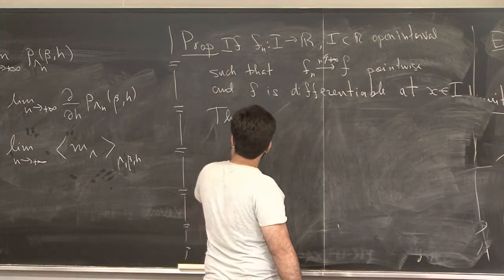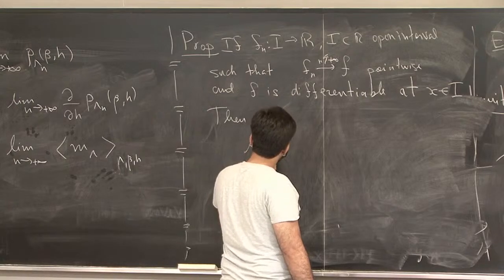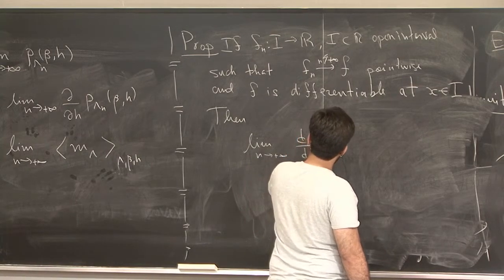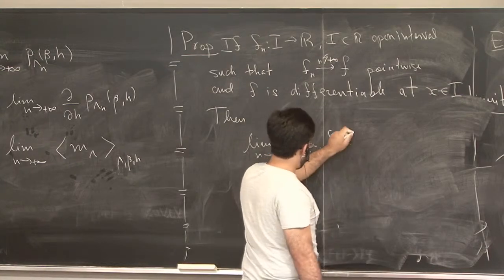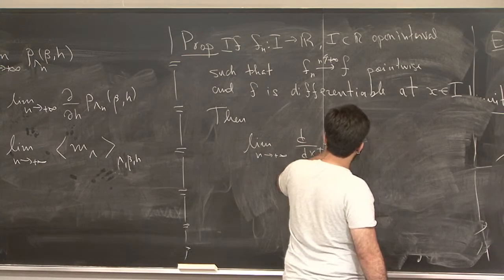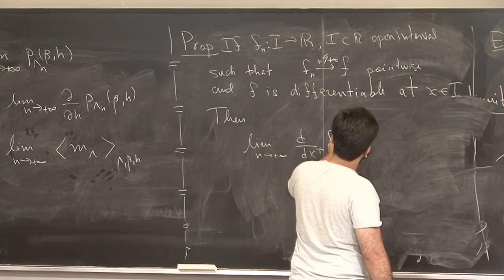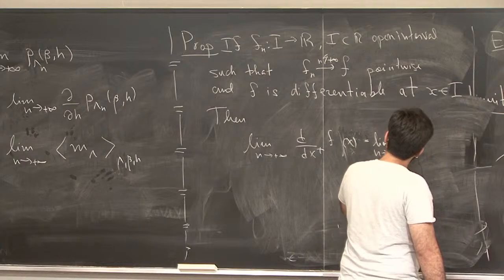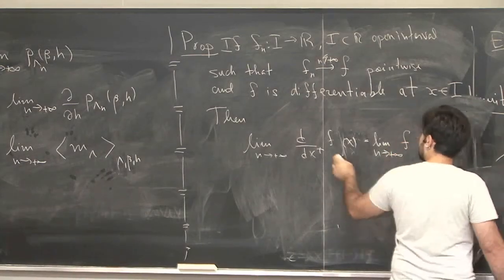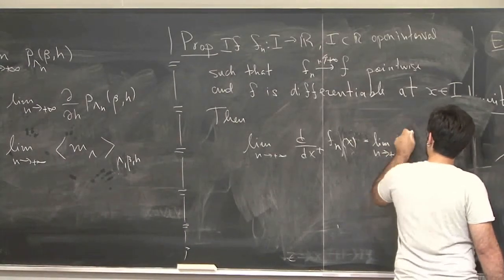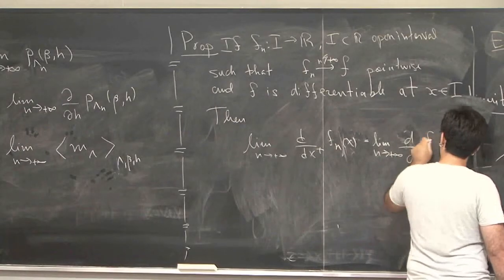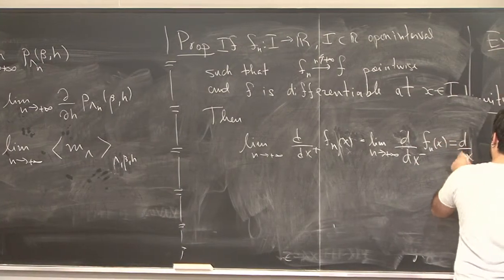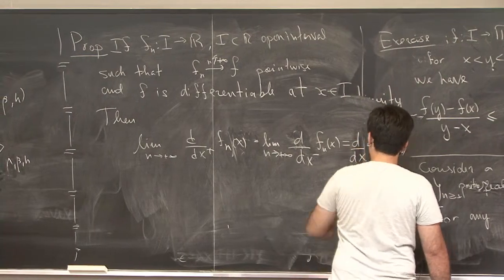The limit of the right derivative of fn at x is equal to the limit of the left derivative of fn at x, and this is equal to the derivative of f at x.